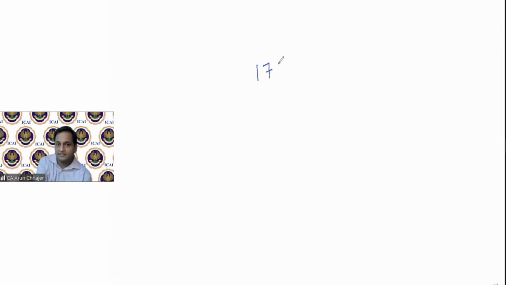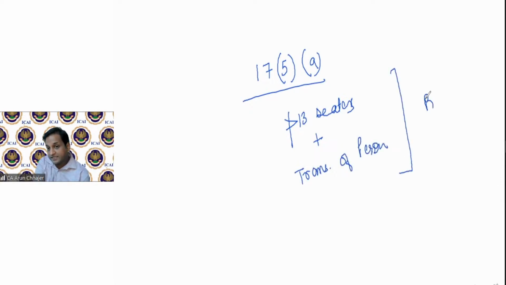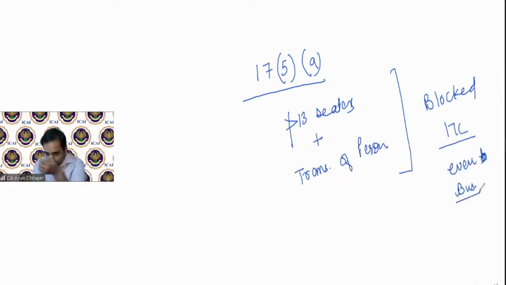As per section 17, subsection 5, clause A, if it is not more than 13-seater, used for transportation of persons, you cannot take the ITC, even though it is used for business purpose only.